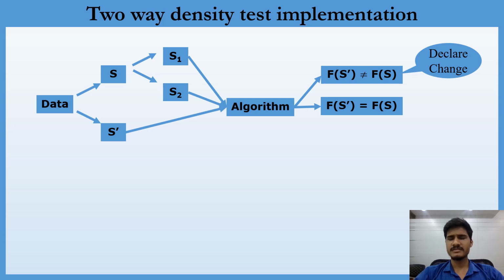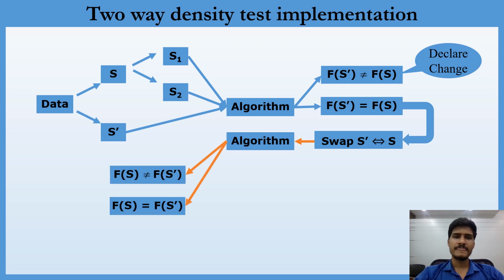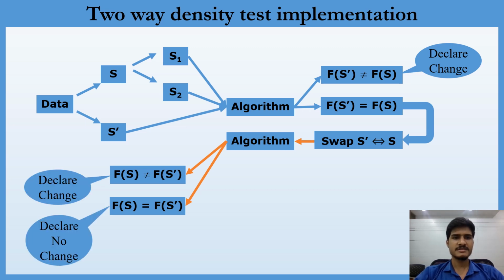Otherwise, if the distributions of both are the same, then we run this test in the reverse direction, in which the roles of S and S prime are reversed, and again we apply the algorithm and make a decision. If in both directions there is no change, then we declare no change. If in any one of the directions we find a change, then we declare a change.